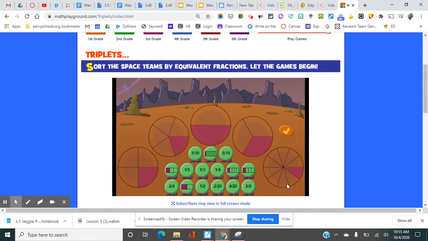What I want you to do first is to take a look at these pictures here. The easiest way, in my opinion, is to start by labeling these pictures. So this is 1/4, so I'm going to find 1/4 and put it here. Here is 1 out of 5, 1/5. We have 1/2, 1/3, and this is 1 out of 1, 2, 3, 4, 5, 6, 7, 8, 9, 10, 1/10.